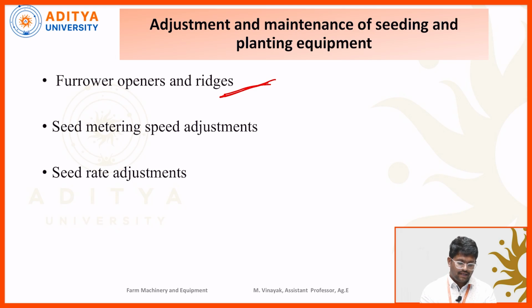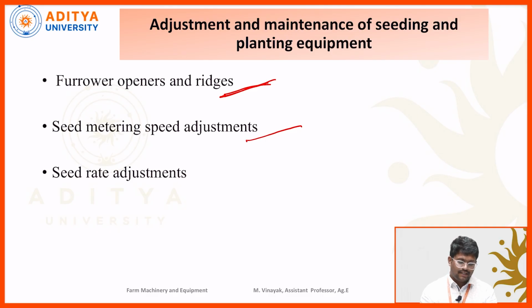Next is the seed metering and speed adjustment. Based on the farmer's requirement, we need to adjust the speed of the seed metering devices. If the seed rate required in a particular area is more, we can go for more speed; otherwise we can go for less speed.